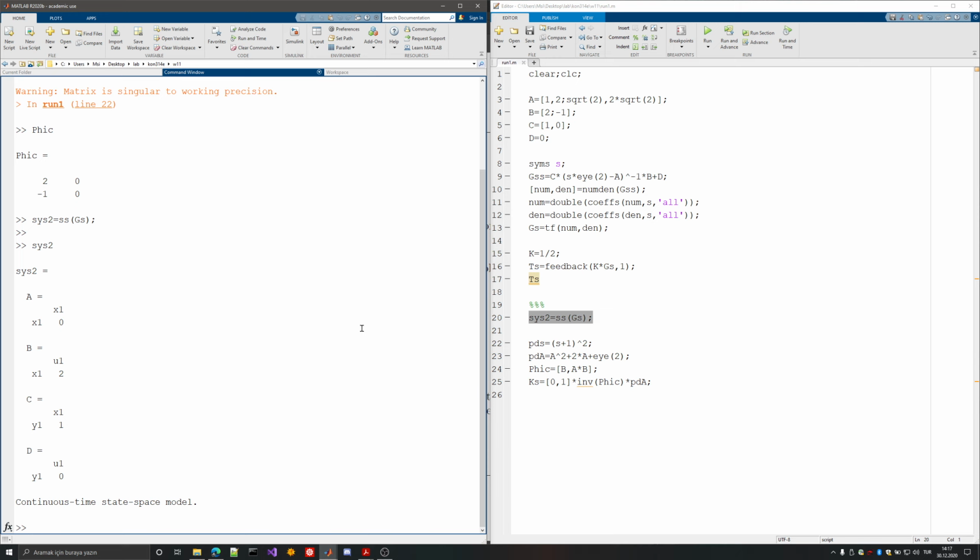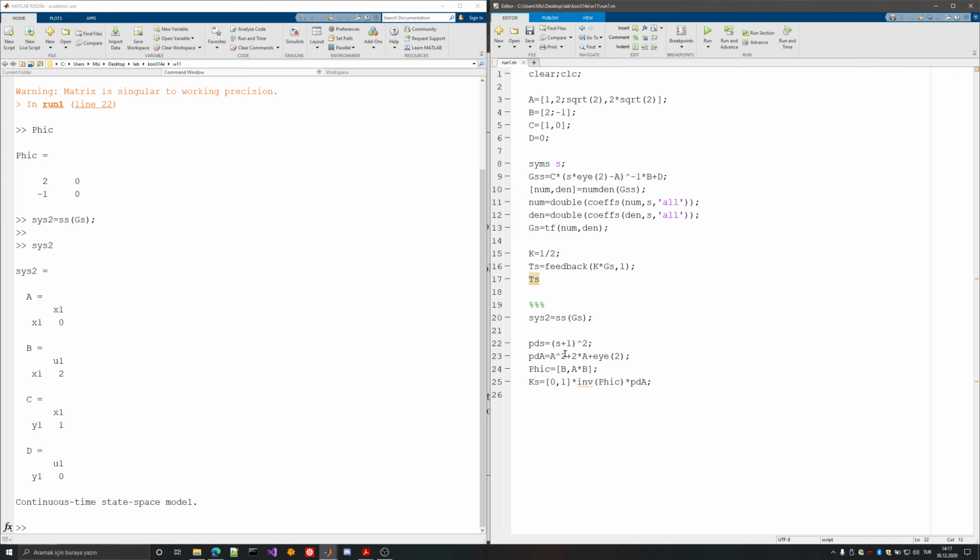Using this, I might update my A and B matrices. Since this is of order 1, I have to get rid of this square, because the characteristic polynomial that I'm aiming for should be of degree n, where n is the degree of my system. Since I have a first order system, I should have a first order polynomial. This means that my PDA will also be different.